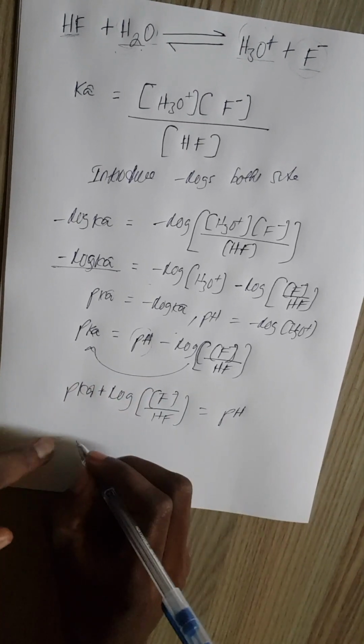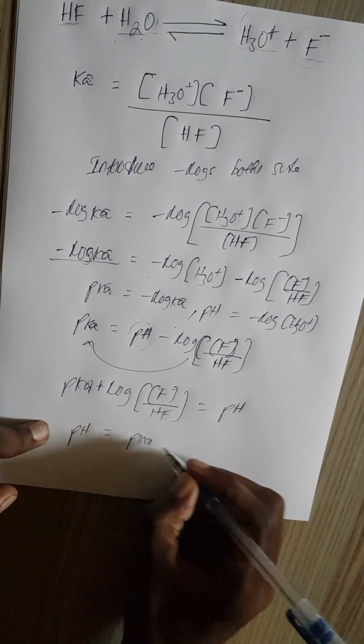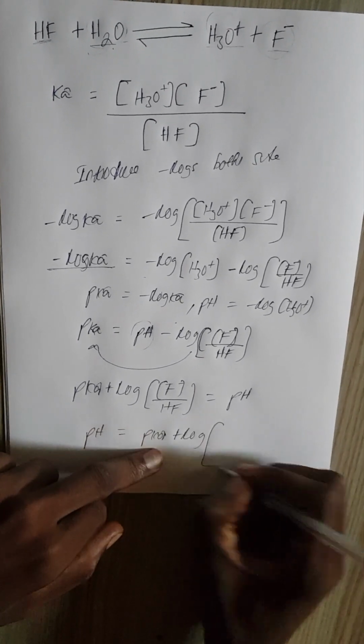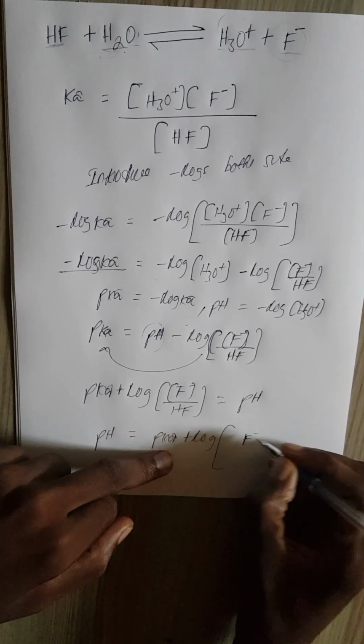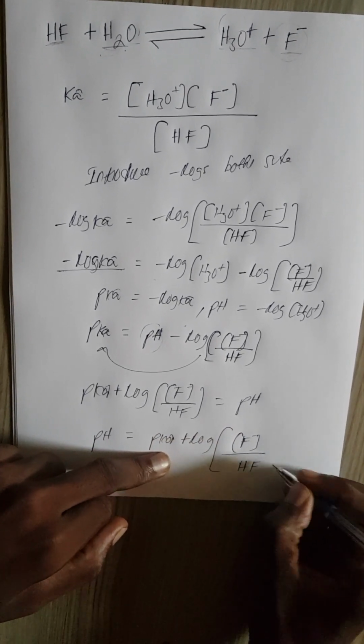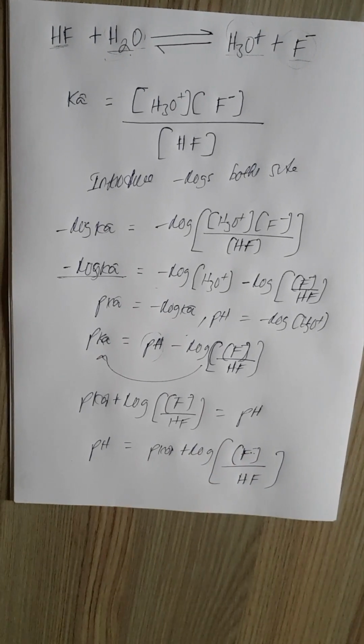So we can rearrange it as pH equals pKa plus log open bracket fluoride ion over hydrofluoric acid. When you look at this, the fluoride is your conjugate base.